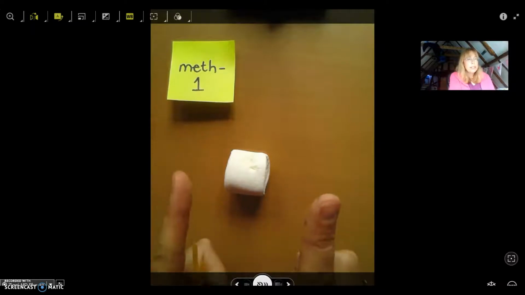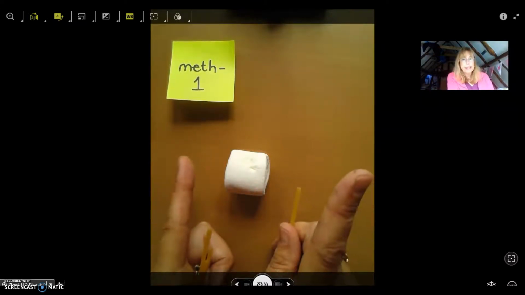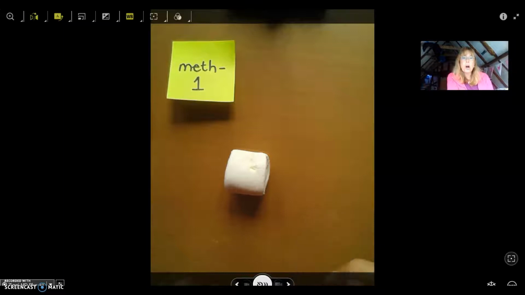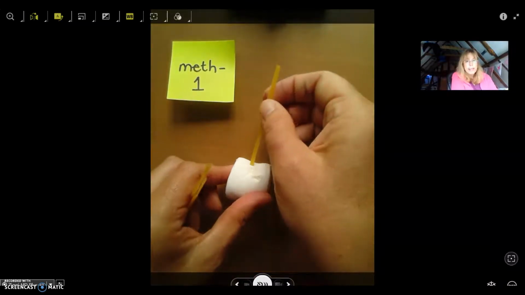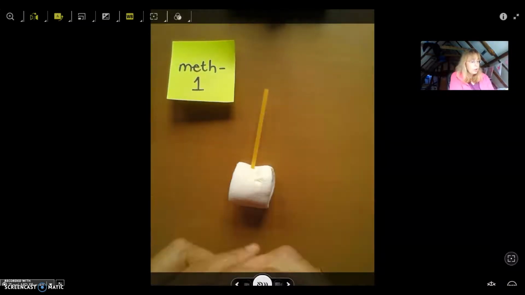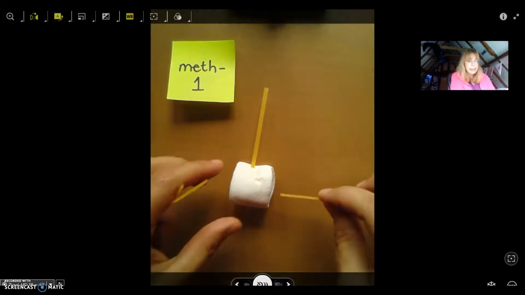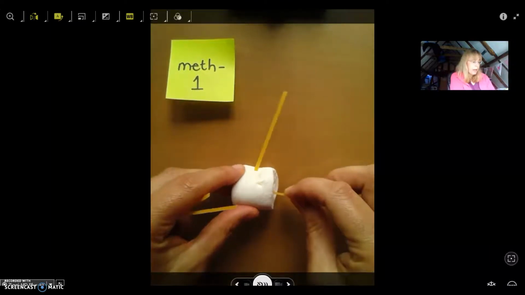Now, carbon, being in group 4 on the periodic table, needs 4 more bonds to give it a full outer shell. And joining up with hydrogen, another nonmetal, we're going to have covalent bonds. Now, the way we're going to show the covalent bonds is by using our spaghetti sticks, or if you'd rather have toothpicks, that is absolutely fine.